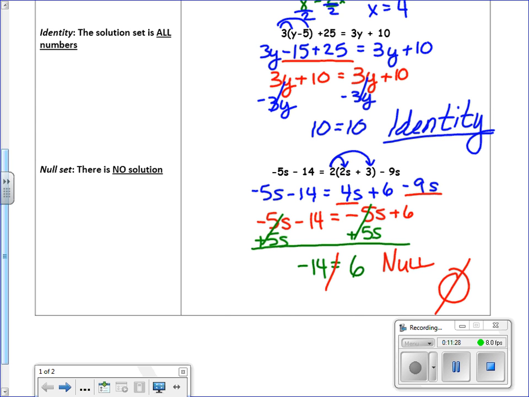But what this is basically saying is, it doesn't matter what value I put in for s, 0, 1, 16, a million, pi, this side of the equation will never equal this side of the equation. Never. It'll never ever work.